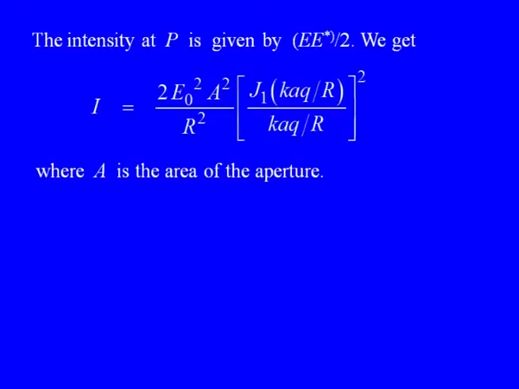Everything else is fixed: R is taken care of by the distance of the screen, A takes care of the size, k is 2 pi by lambda determined by the wavelength, capital A is the area, and E naught square depends on the intensity of the incident wave. So this is really a function of the radial distance on the screen of the point P determined by Q.